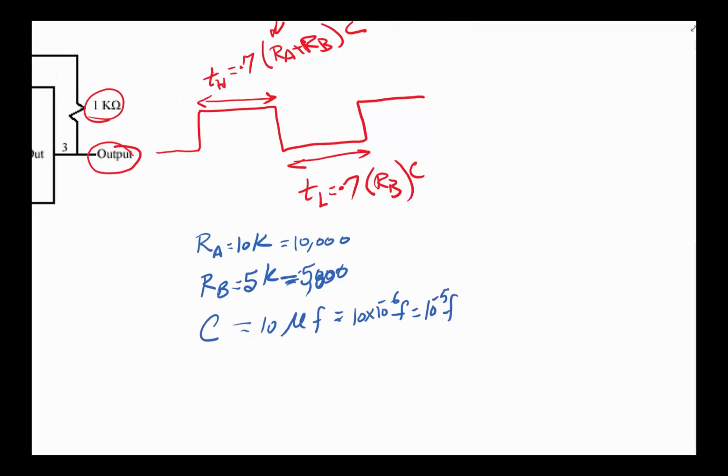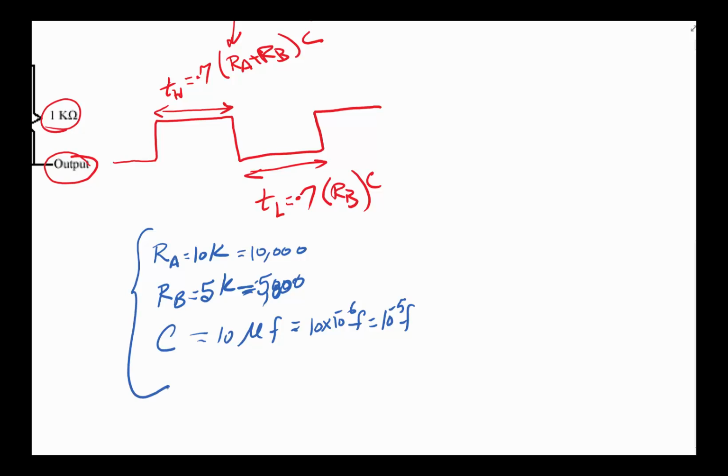Now that we've got this, we can plug it back up here. It's 0.7 times RB, 5,000, times 10 to the minus 5.